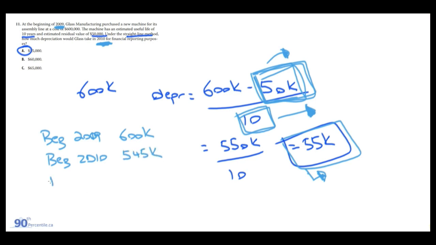And then at the beginning of 2011 or end of 2010, which is where we are effectively at in this question, because we're depreciating it for all of 2010, the asset value would be the 545 minus the 55, which is 490K.